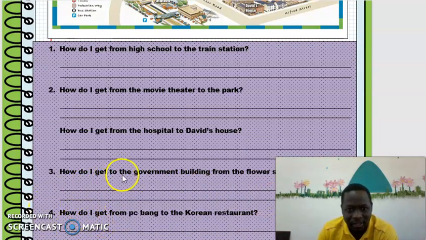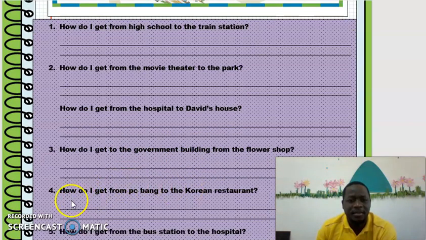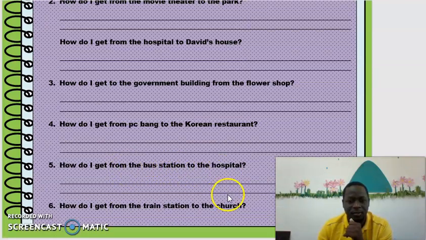Then, how do I get from PC Bank to the Korean restaurant? How do I get from the bus station to the hospital? And how do I get from the train station to the church?